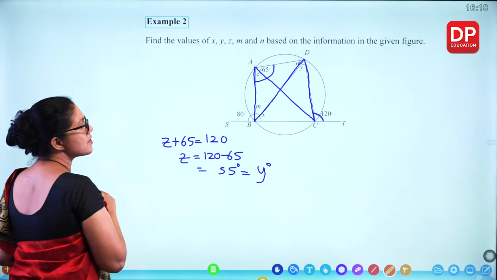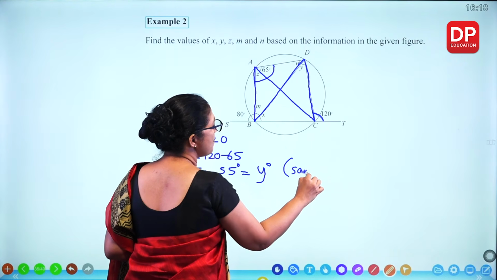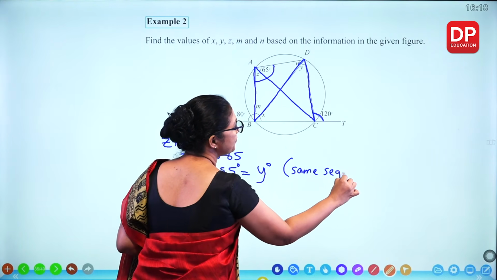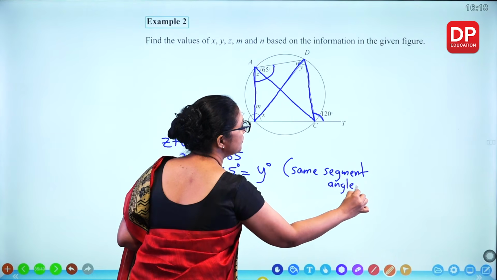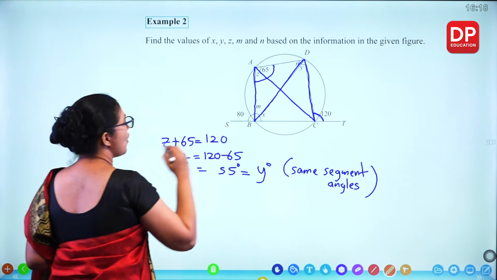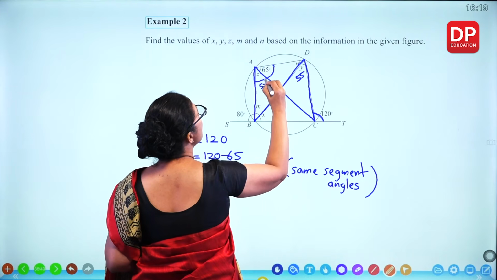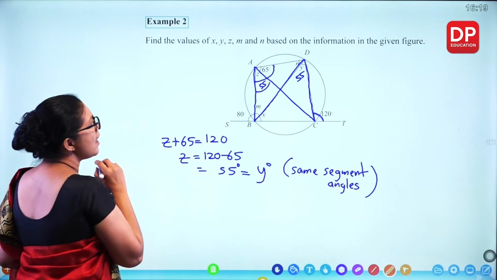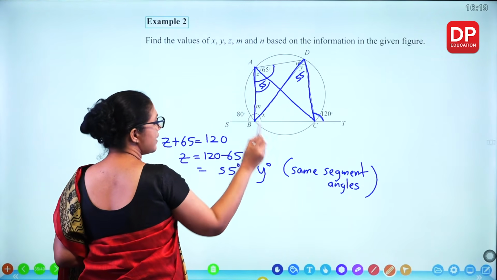So Z and Y are both 55. Same segment angles. Now we found out this is 55, this is 55. Now we can find out N. Look at this exterior angle.